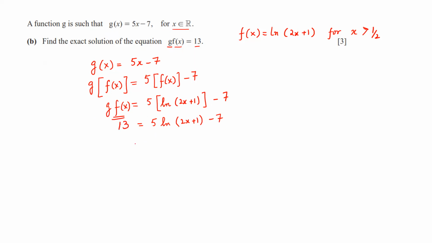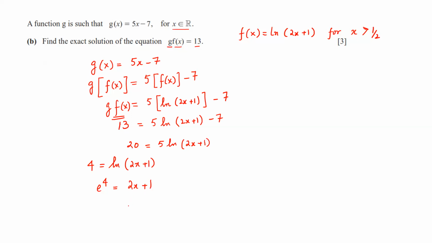So now if we equate it, it becomes 20. This 7 goes here. 5 natural log of 2x plus 1 equals 20. This becomes natural log of 2x plus 1 equals 4. If we remove the log, it becomes e power 4 equals 2x plus 1.